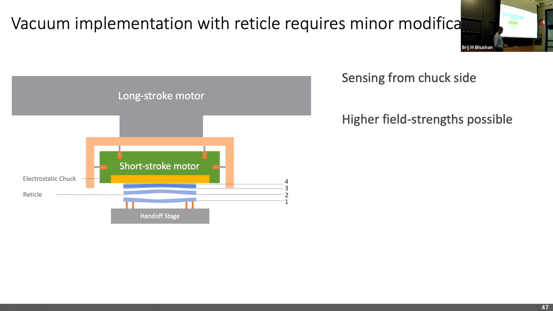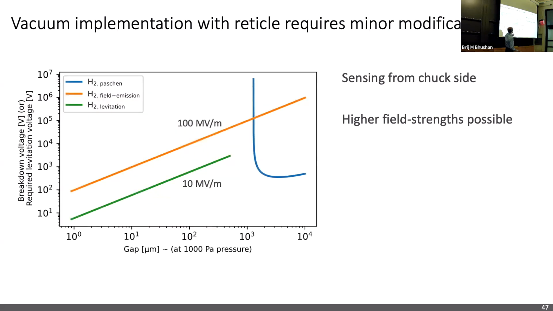To translate this into vacuum, we need to do 2 things. We need to change the sensing to happen from the chuck side so that it's all isolated and all the reference for measurement and actuation happens from the pickup stage itself. And then in vacuum, we can use even higher field strengths, which we have to because we are using the reticle.